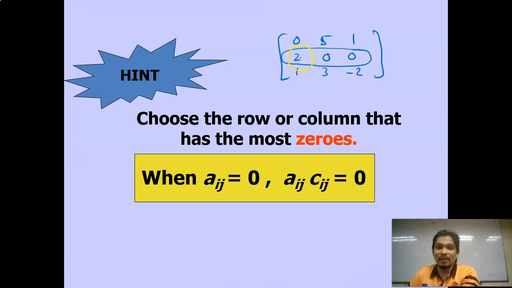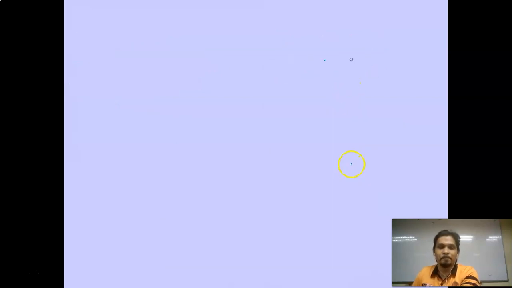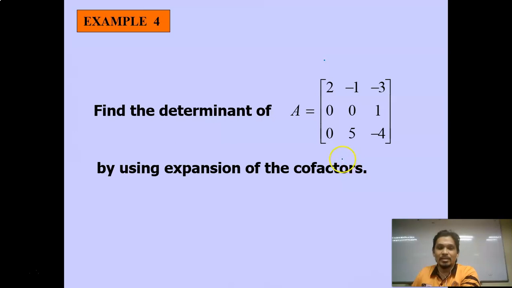So we only find the minor and cofactor for just one value, 2, multiplied with its cofactor. The others multiplied with any cofactor are 0. So this is our target.